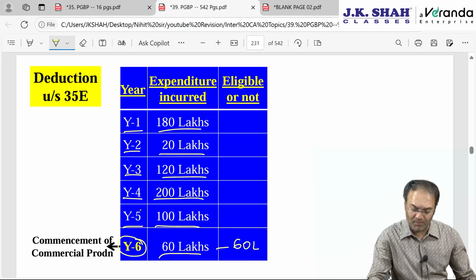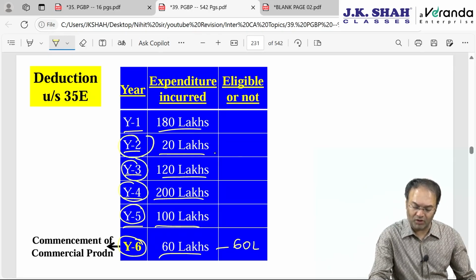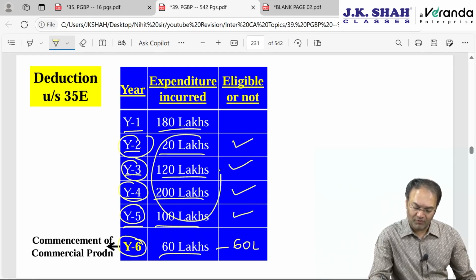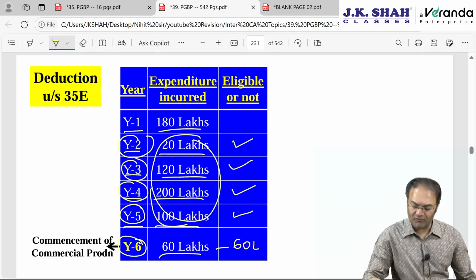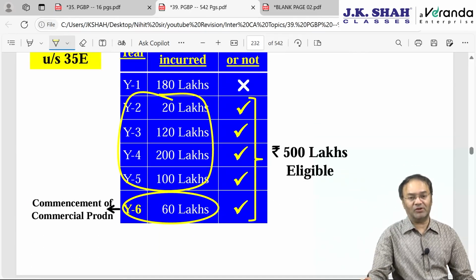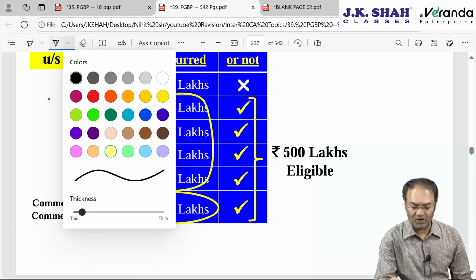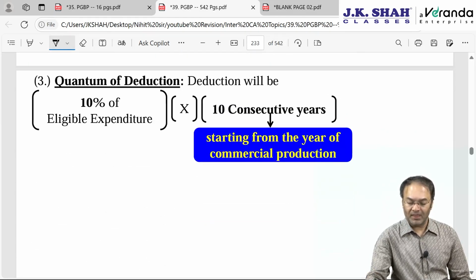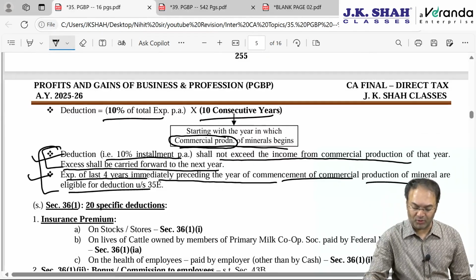Even prior to that, going backwards 1, 2, 3, 4 years: 20 lakhs, 120 lakh, 200 lakh, 100 lakh. Total how much? 300, 420, 440 lakh plus this 60, 500 lakh will be eligible. How many years? It will be allowed in installments for 10 years, 50 lakhs every year, starting with the year of beginning of commercial production.